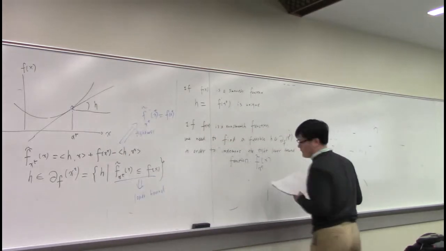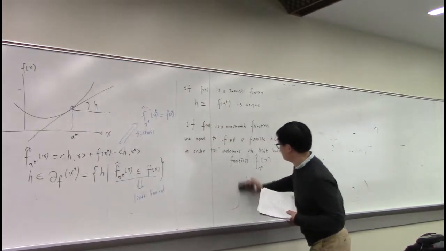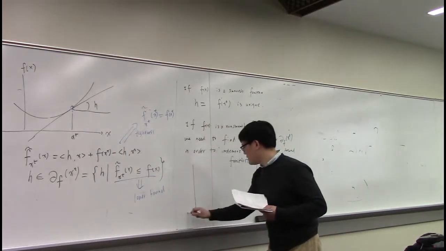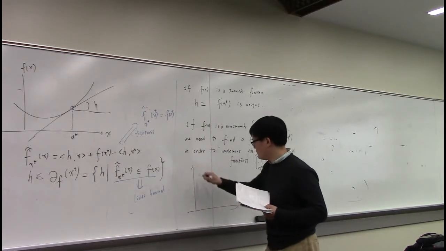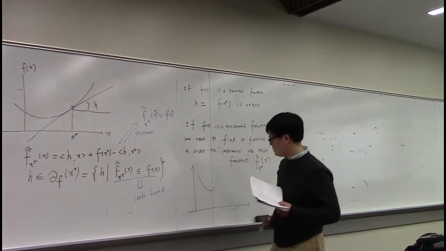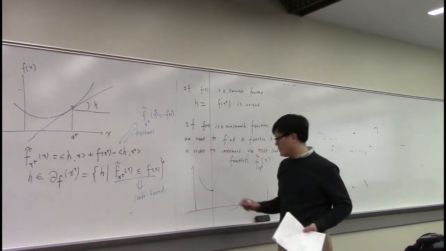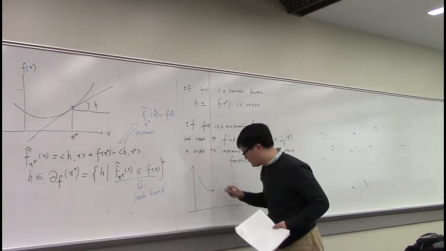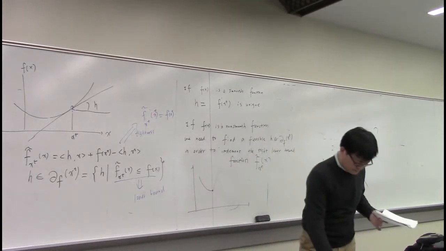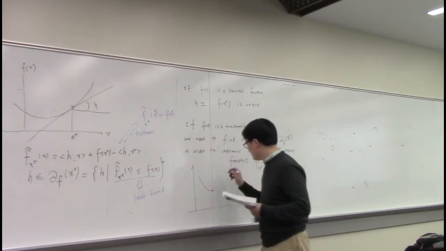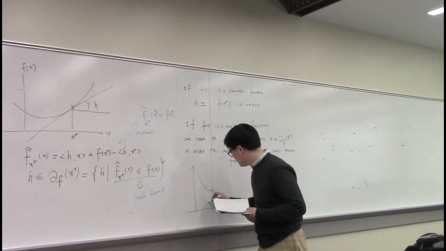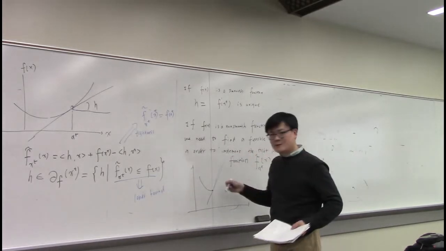if the function is not smooth, then the function will be like this. This point does not have a gradient. This is a lower bound function.